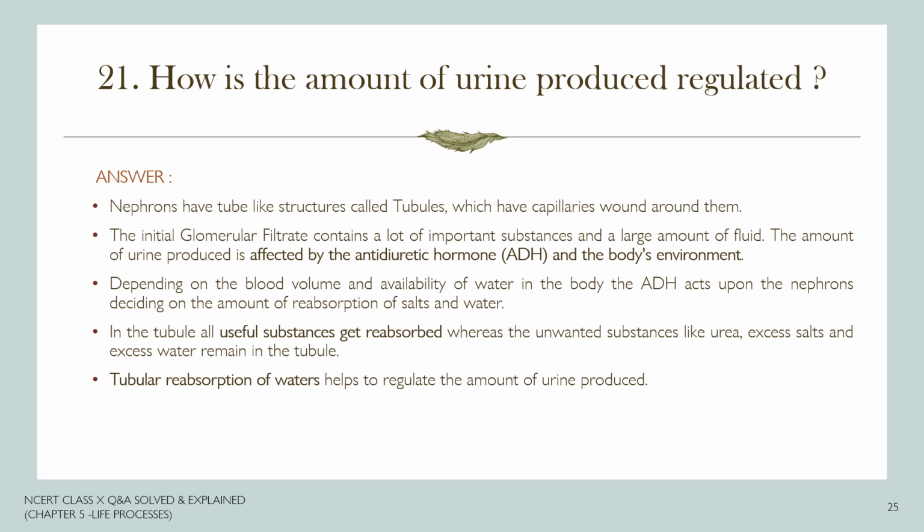Now, depending on how much water is already available in the body, so the body's environment, there is the antidiuretic hormone ADH, which acts upon the nephrons and helps them to decide how much amount of salts and water needs to be reabsorbed. So reabsorption happens in the tubules, where all the useful substances, excess water, all gets reabsorbed, and then the amount of the urine produced gets regulated.